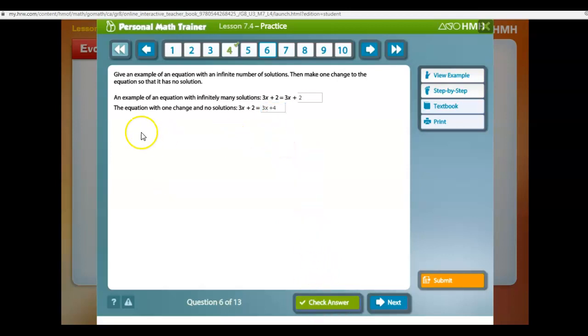Try again. An equation with one change. Everything else stayed the same. The only thing that I changed was the 4. Let me see.